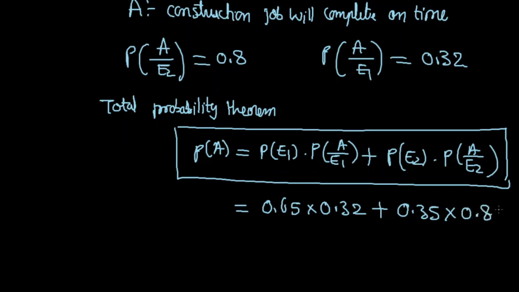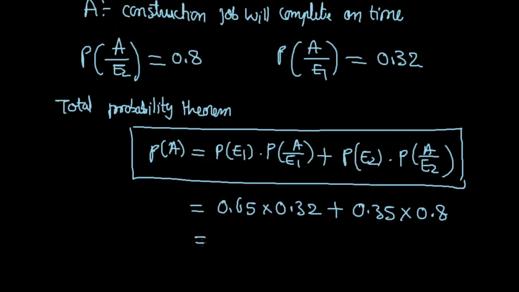If we simplify, 0.65 into 0.32 is 0.208, plus 0.35 into 0.8 is 0.28.